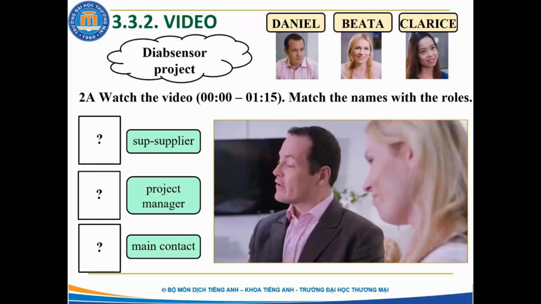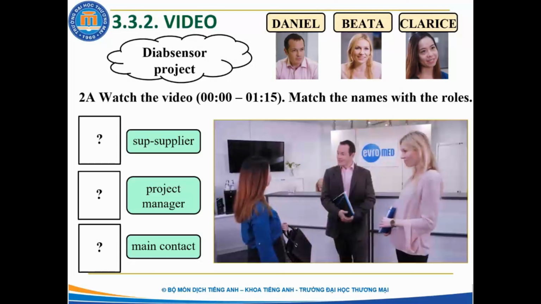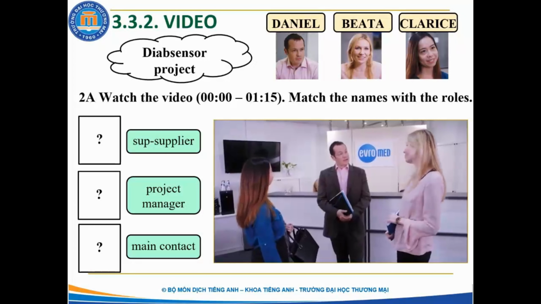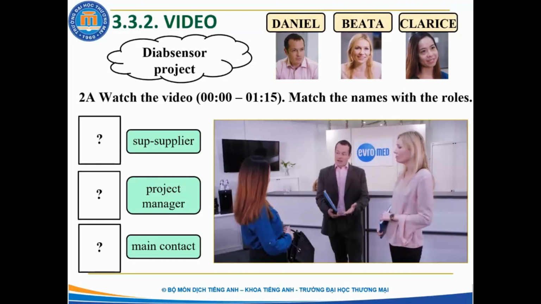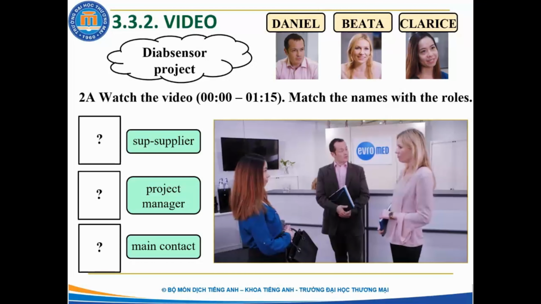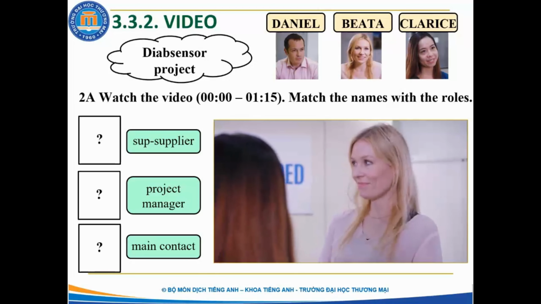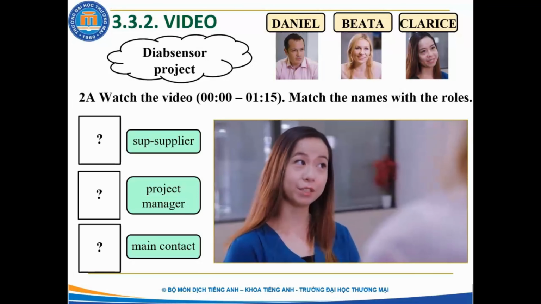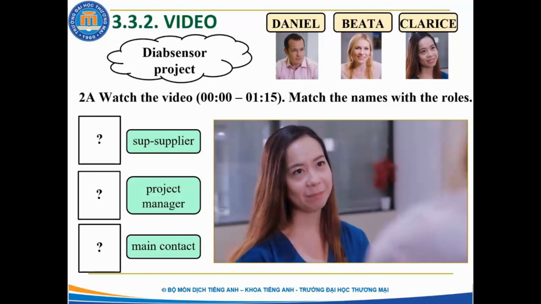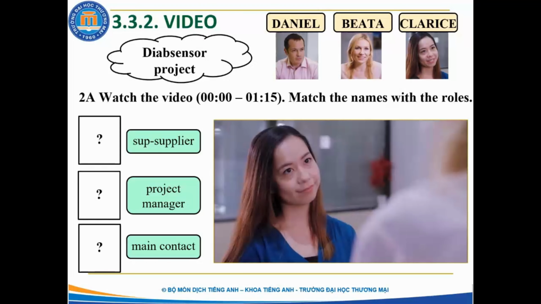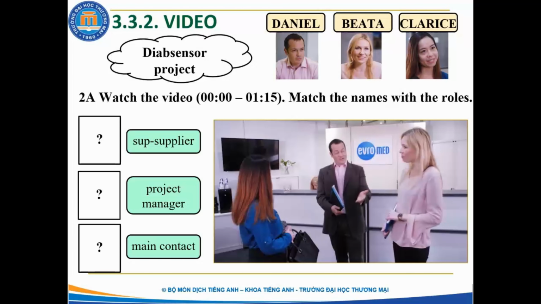She'll be taking over from me as your main contact on the Diab sensor. As you know, Clarice is our main sub-supplier on the project. Her company will be sending us almost all the components. She's almost as vital to the project as I am. No one could be as vital as you, Dan. Very pleased to meet you, Beata. Likewise. I'm looking forward to working with you. I have a meeting room booked. Shall we?